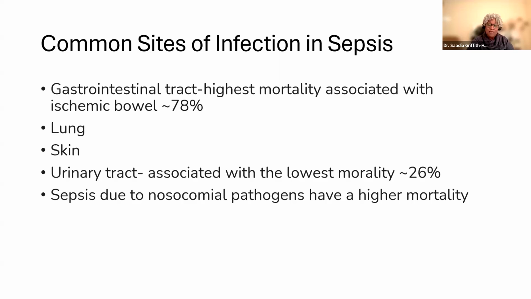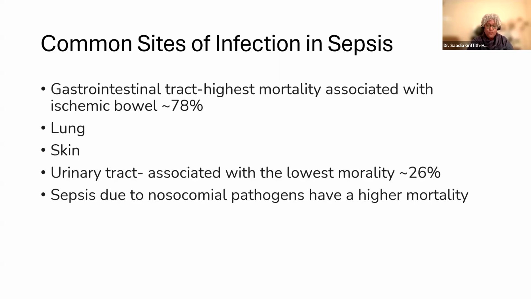And your lowest area of mortality when you have infections causing sepsis are from urinary tract infections, with the lowest mortality being about 26%. But still, that is about a quarter of the people who have urosepsis can still expire from that. Sepsis due to nosocomial pathogens have a higher mortality.